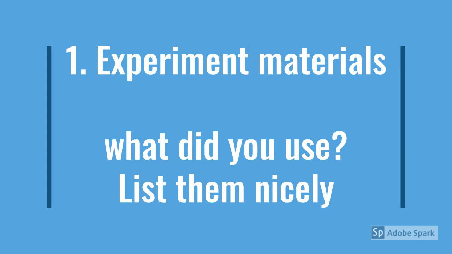First, the experiment materials. Basically, all you have to do here is literally list the items that you used, any kind of materials that you used for your experiment, the ones that I told you to get, and anything else that you added from your own kitchen or from your own materials, whatever it is that you used extra that I didn't tell you about, in addition to what I told you about.